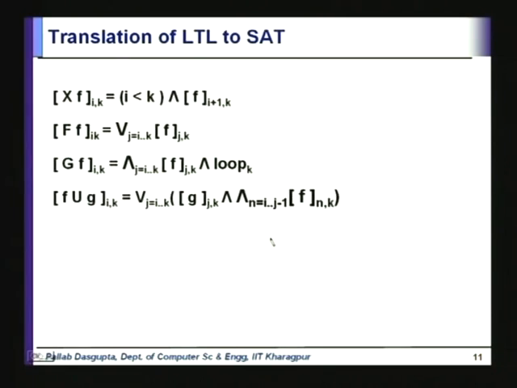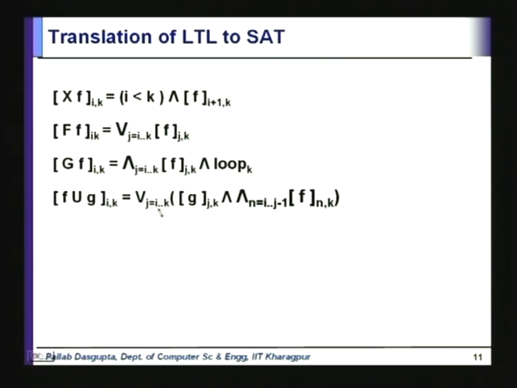What about until? F until G, i k, is asking whether F until G holds in the ith time frame within a bound of k. So, then we say that for some j varying from i to k, G_j^k must hold.